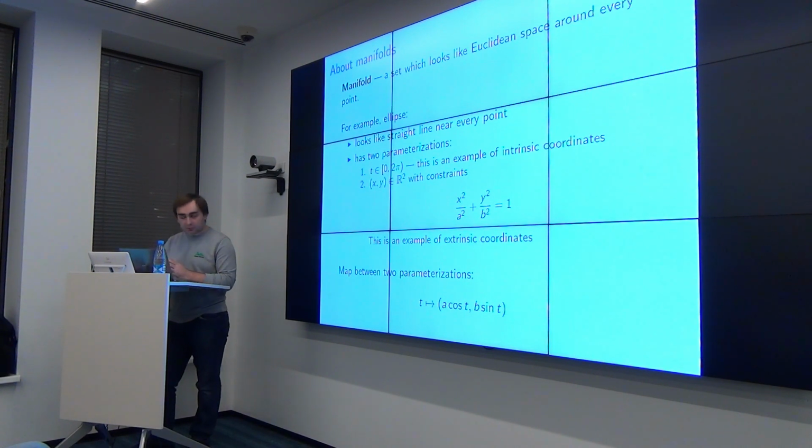And so the first parameterization is an example of intrinsic coordinates. We have some coordinates which are unconstrained, and the number of coordinates is the same as the dimensionality of the manifold. The second parameterization is an example of extrinsic coordinates. You can embed the manifold into some higher-dimensional space, but you will have constraints on your coordinates.